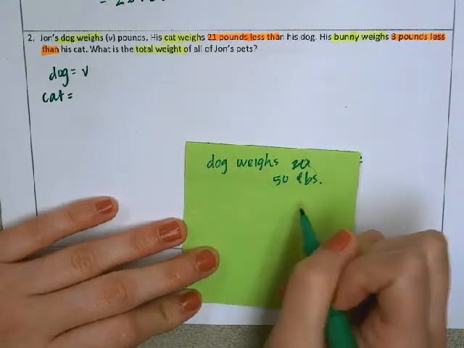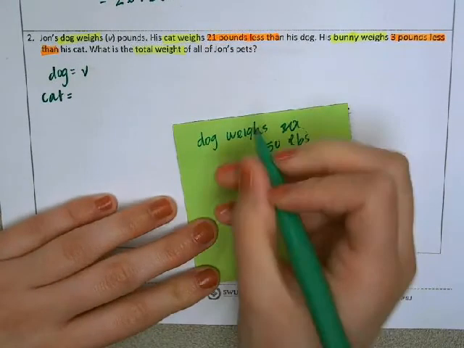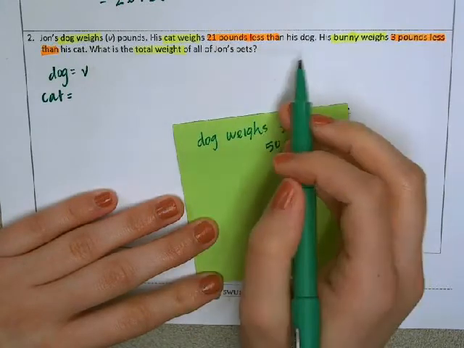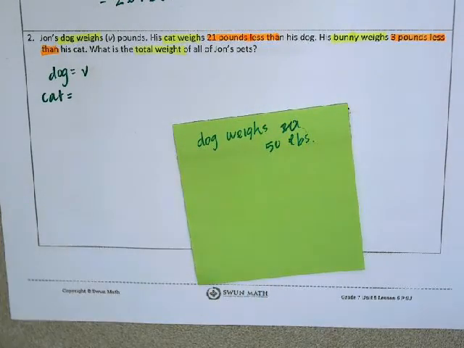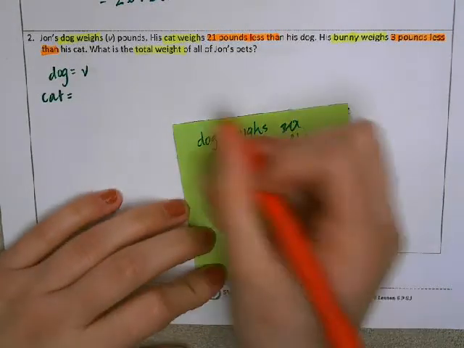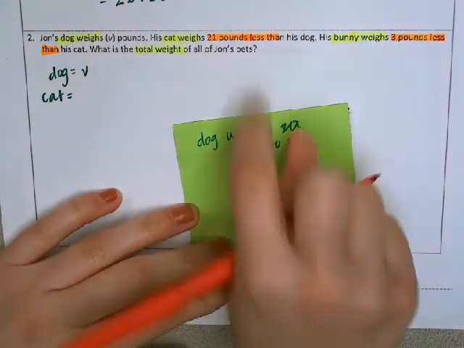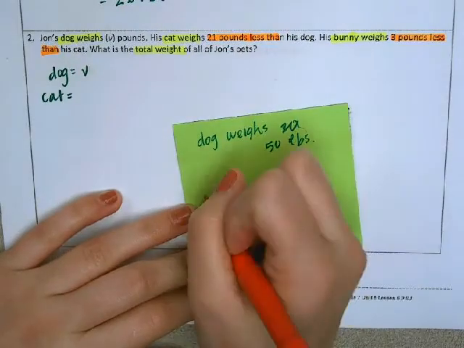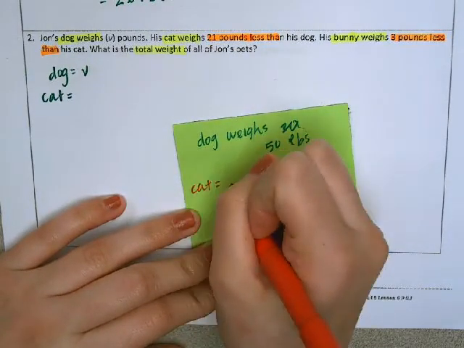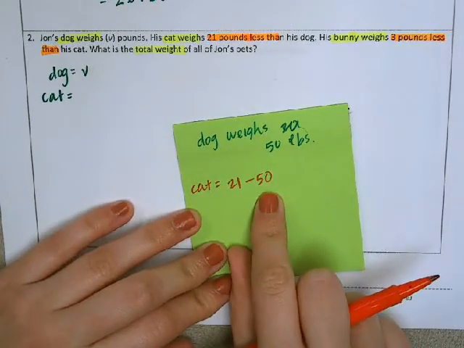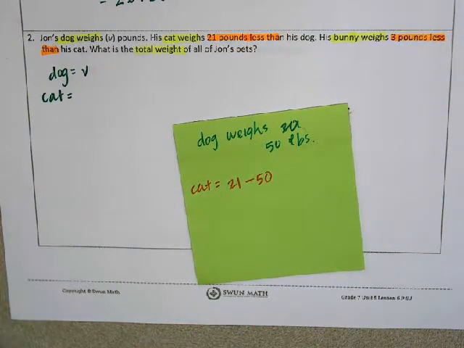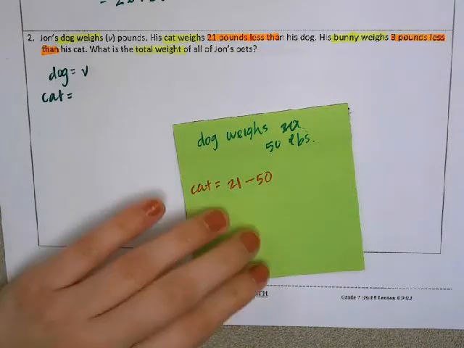If I were to write 21 pounds less than the dog, and I don't want you guys to write this, so give me 1 second, if I said that the cat weighs 21 pounds less than his dog, and I wrote it like 21 minus 50. Now remember, order does matter. I can't just say, oh, okay, this is 29, but it's not.